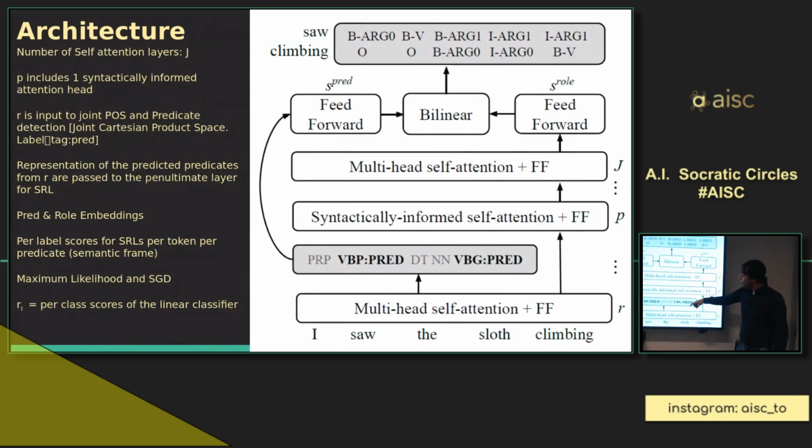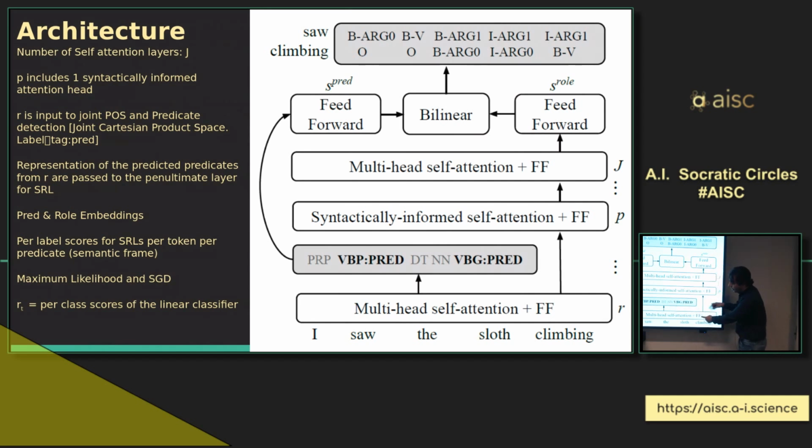So we have 2 layers that are forcing the model to encode syntactic information. One: who's my verb? The other: what part of speech tags there are, and what predicates there are. So it's forcing this first layer to encode all that information.